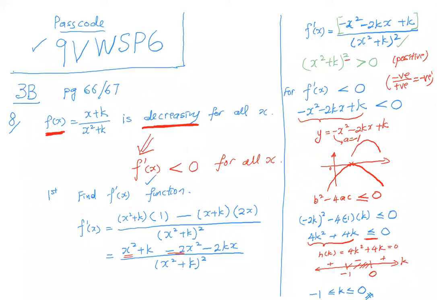So that's why I straight away write this one down first, so that my numerator must be negative. Okay, did I explain well for you? Yeah. Any part that you don't understand?